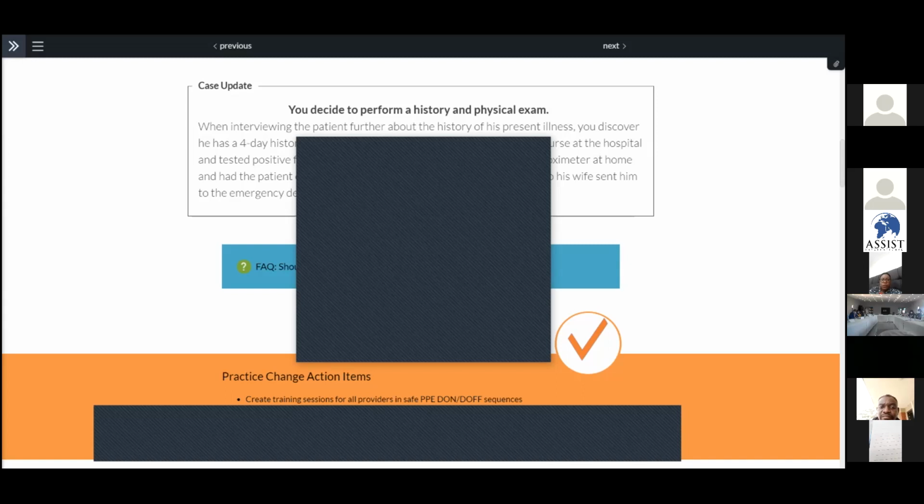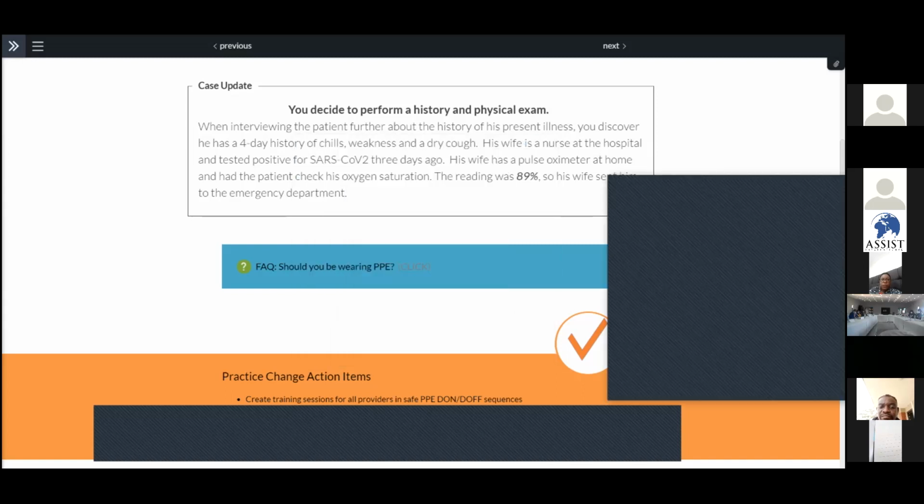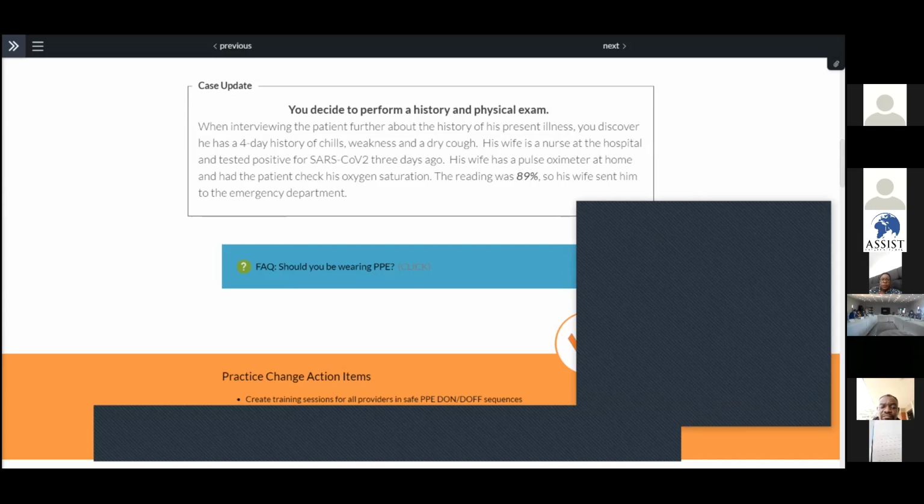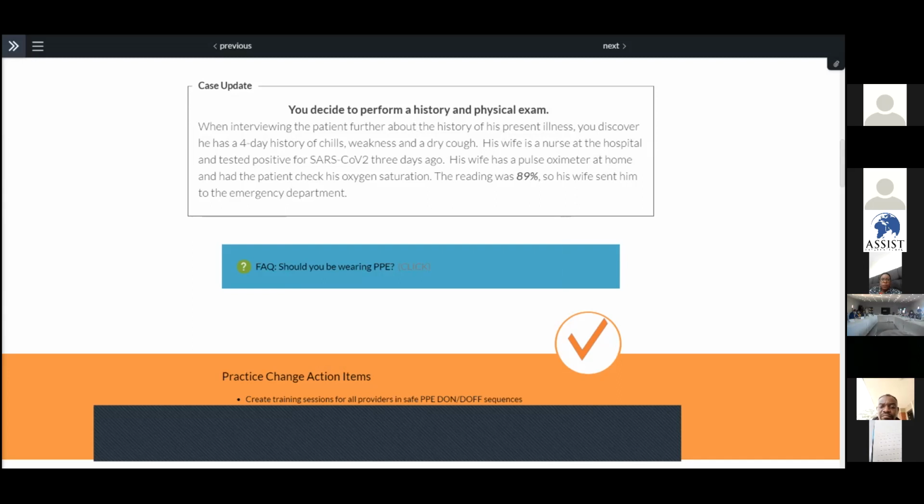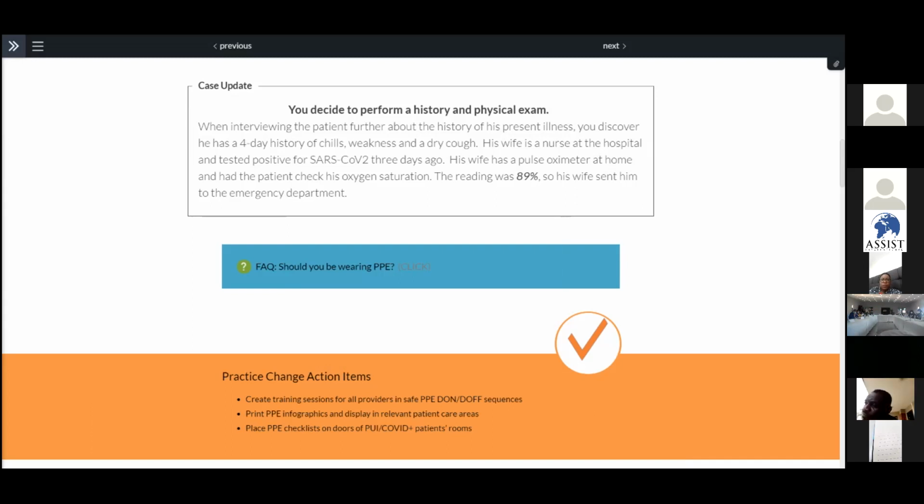The level of PPE differs depending on what setting you are providing healthcare in. In a triage environment, for instance, you are dealing with suspected patients. There's a certain minimum PPE that can be worn. Talking about the different types of PPE, basically you have your face mask, your face shield, don't forget your gloves, your gown, and your goggles.